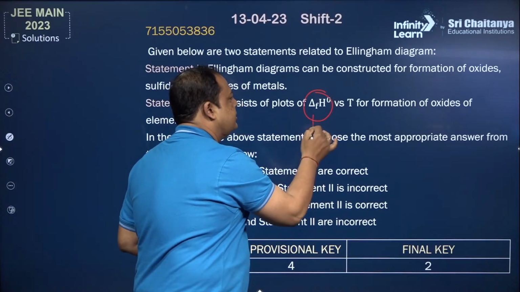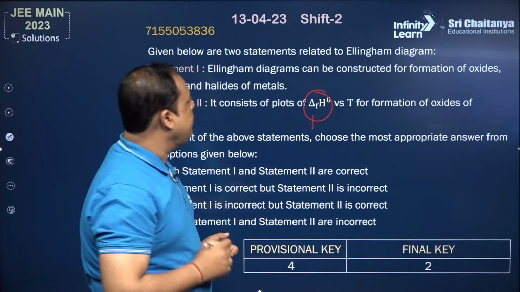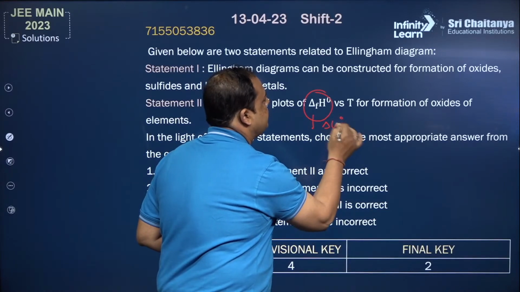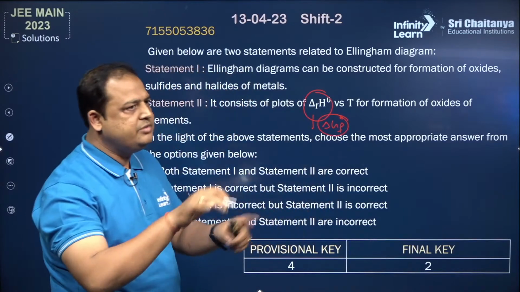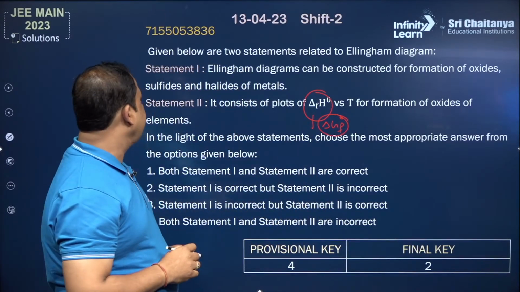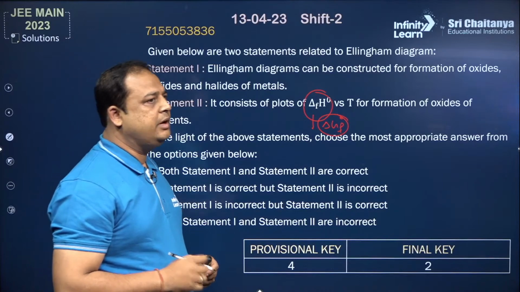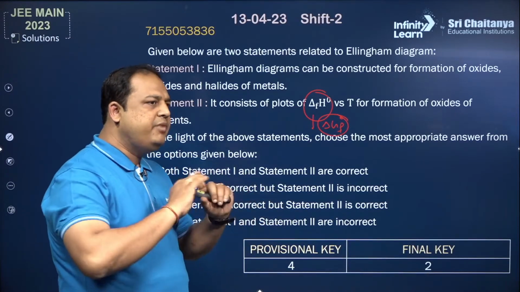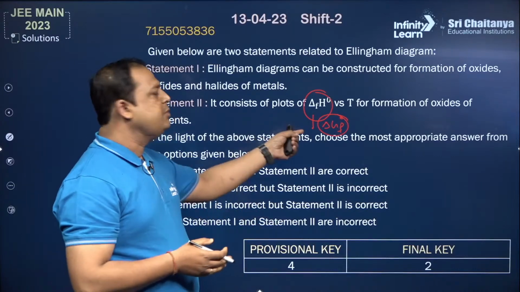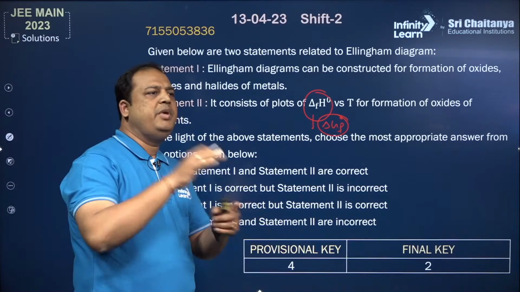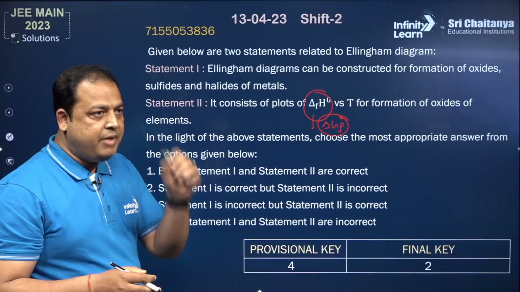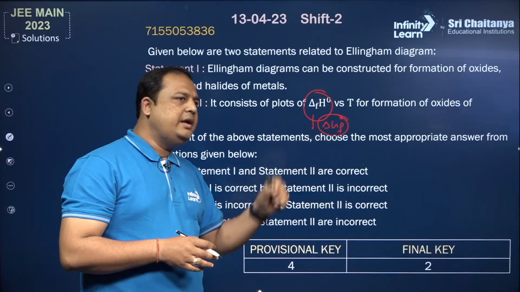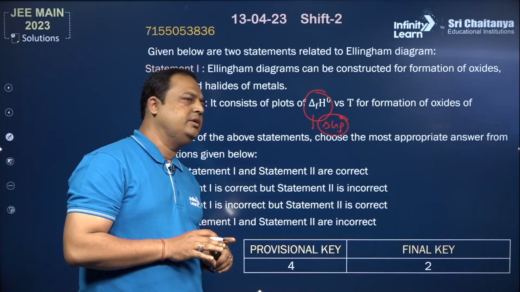This is not delta H_f naught, rather it is delta G_f naught, which gives free energy change versus temperature for formation of oxides of elements, showing which oxide formation can happen and which cannot. The feasibility of the reaction is given on the basis of delta G_f naught, not delta H_f naught, because the deciding factor is free energy change.